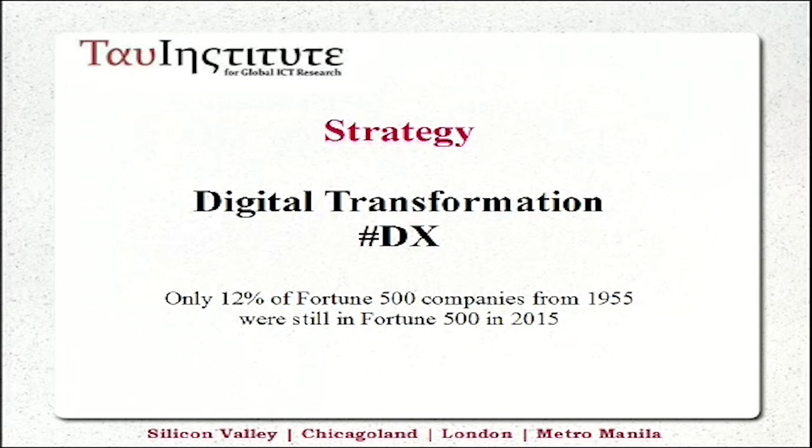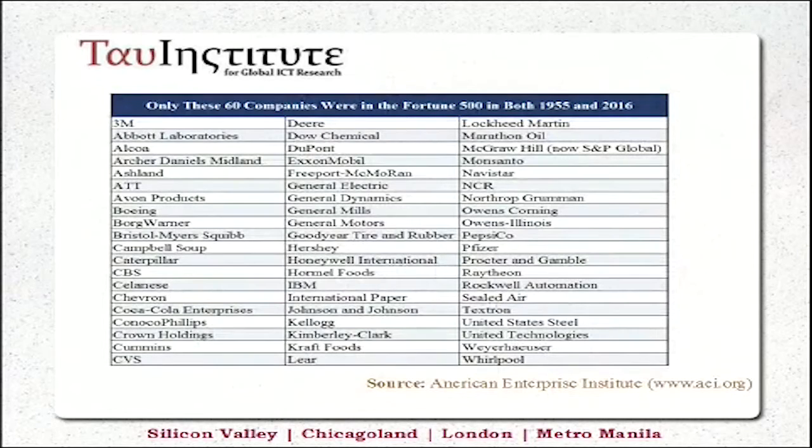A lot of them were consolidated, they were bought out, but when you're bought out by another company, it means another company has a bigger vision. So only 12% of the Fortune 500 companies from 60 years ago were still around. And we can expect that sort of disruption, for lack of a better word, that sort of change to continue. Why not?